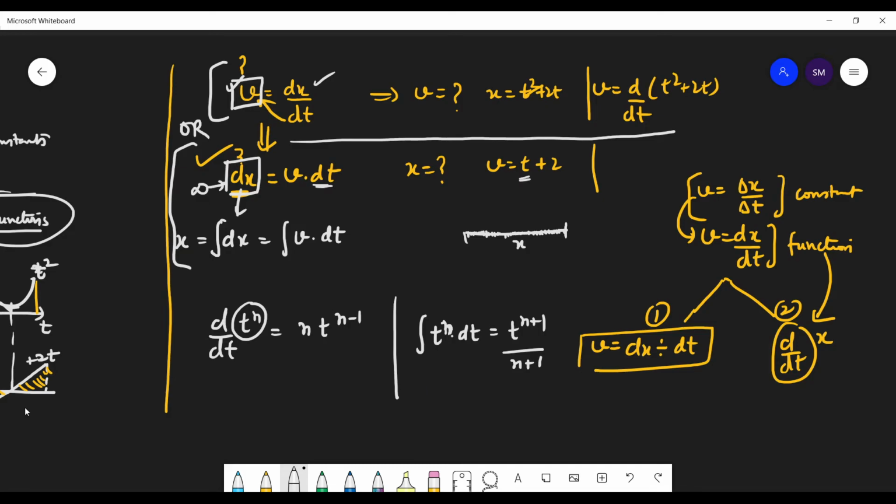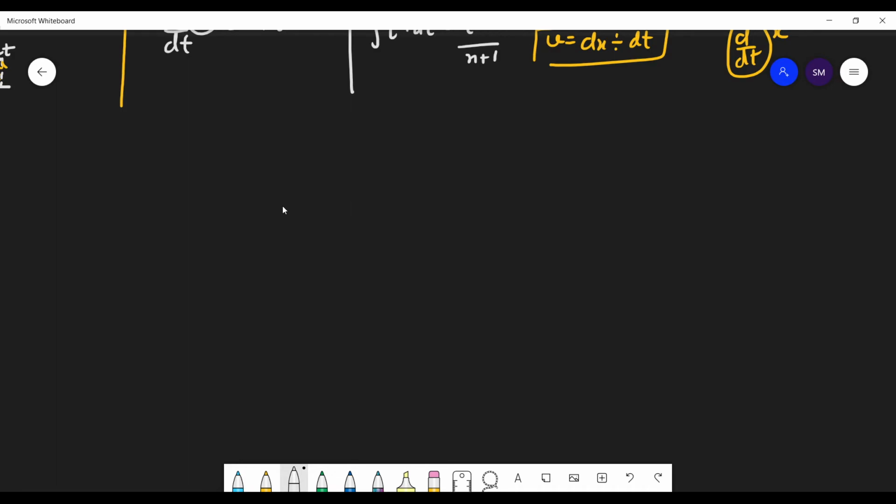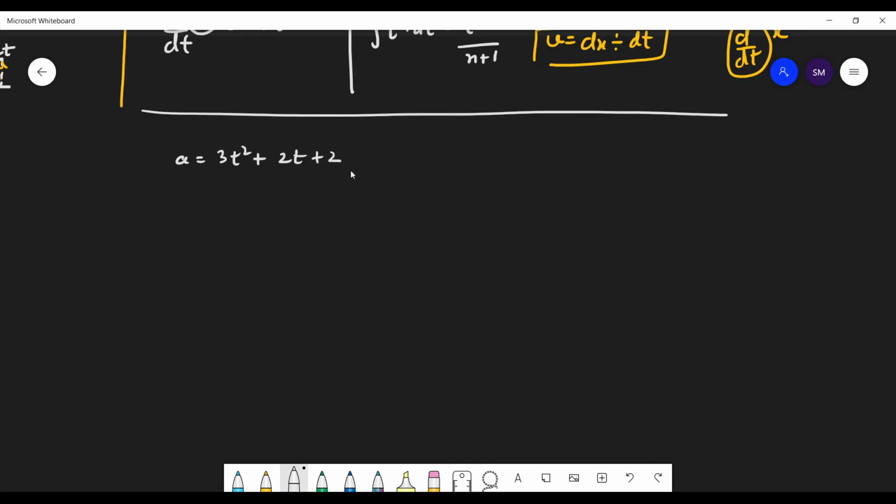so shall we do a question now based on this? The question I gave you: acceleration is 3t square plus 2t plus 2, and the particle at t equals 0 starts with a velocity of 2 meters per second, and you have to calculate the final velocity at the end of 2 seconds.